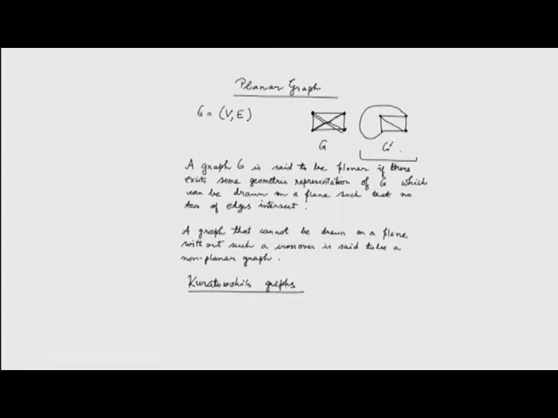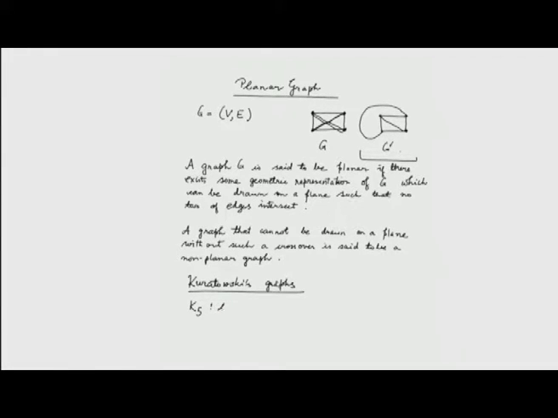The first graph is the complete graph with 5 vertices, written as K5, and the second graph is written as K3,3, which is a complete bipartite graph with parameters 3, 3.